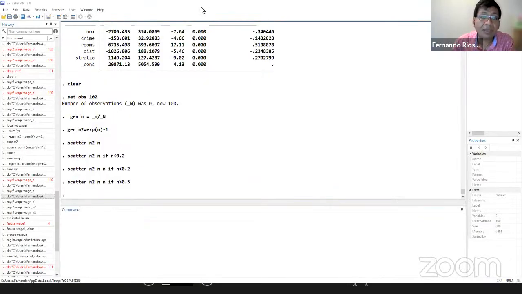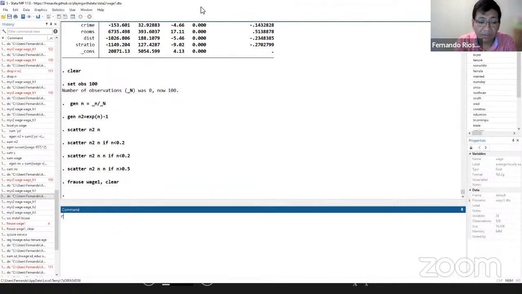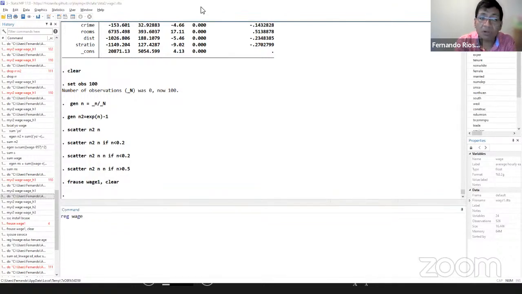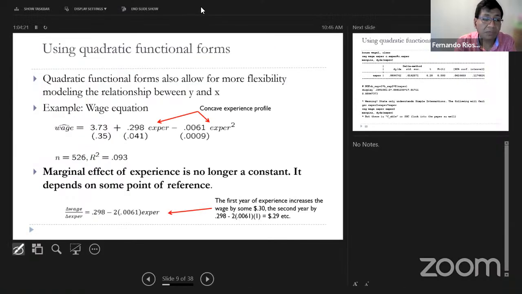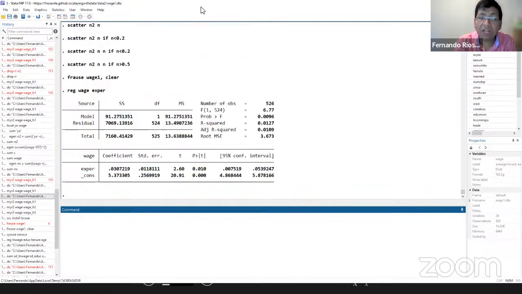The data set is wage1. The model that we're now going to try to estimate is wage versus experience. So this is the original model.